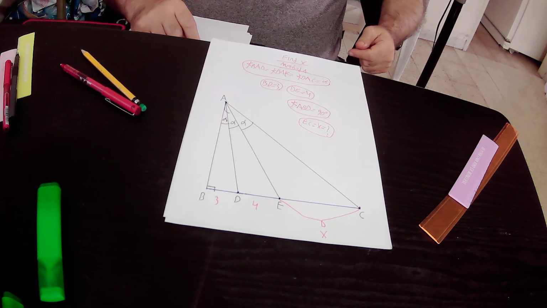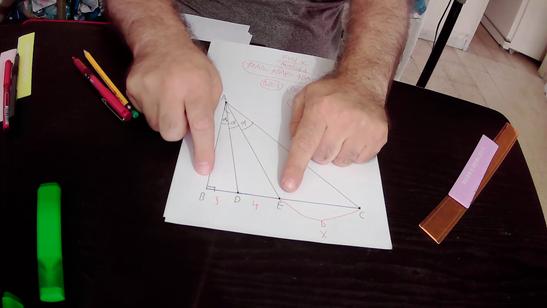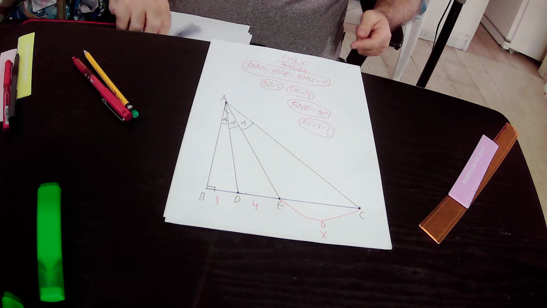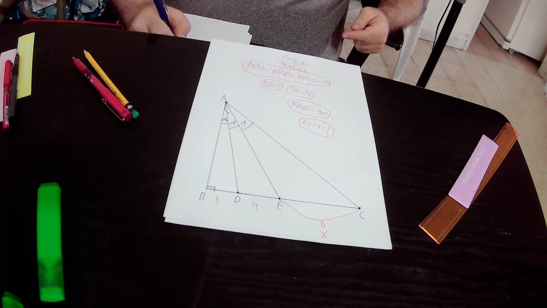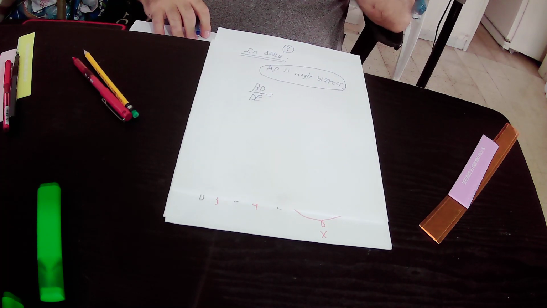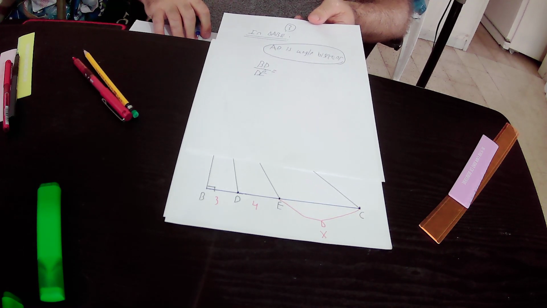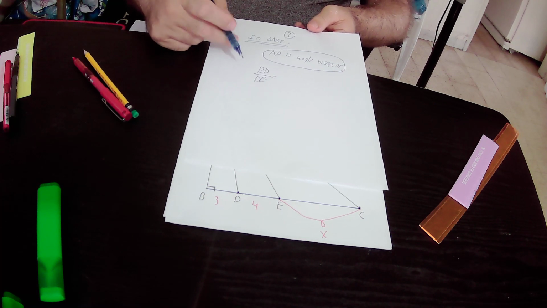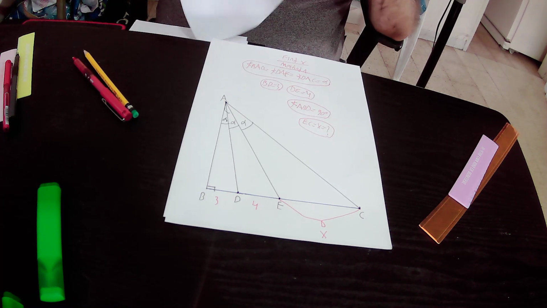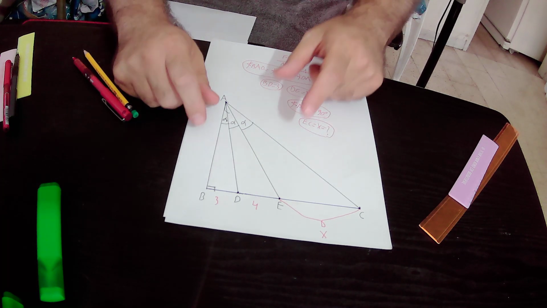And according to the angle bisector theorem, the angle bisector AD divides side BE in a ratio of BD over DE. And that ratio equals the ratio between the angle legs.